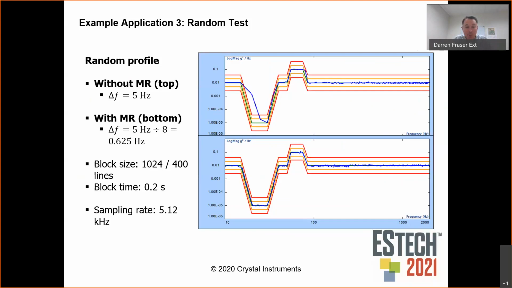But this profile is not uncommon. There are many tests down at the low frequency end of a random test that require that the control system achieve a high dynamic range. So we felt that this was certainly applicable in this case.